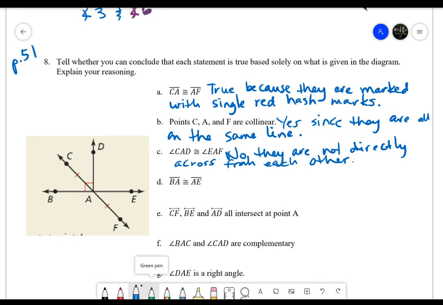Is BA congruent to AE? No. And you know why not? A is not a midpoint. They're not marked. We have no idea. They could be close, but they're not the same.